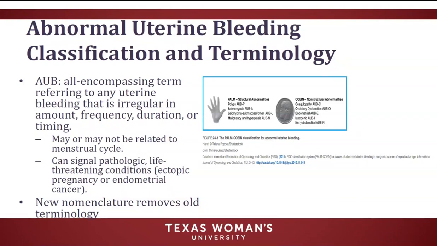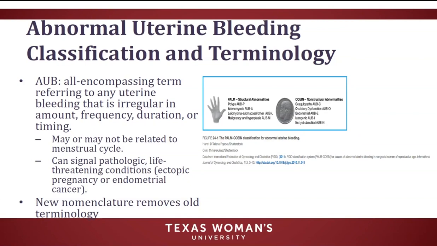And then the M is malignancy and hyperplasia. Those are typically endometrial. Hyperplasia is what happens before a malignancy. You can think of that word related to dysplasia, which is an abnormality of the cervix that can become cancerous.